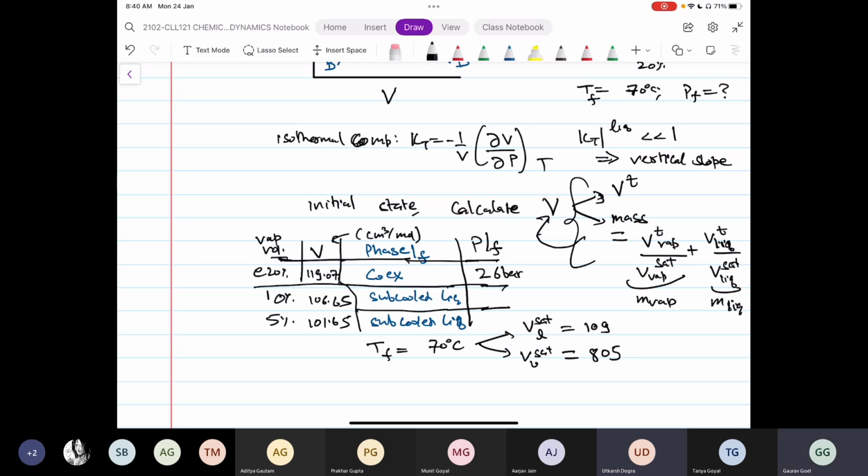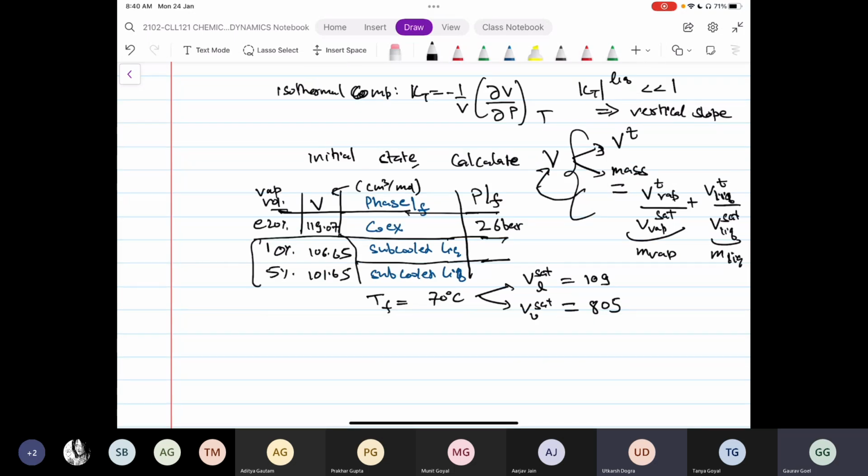For the other two cases, you will need to use the equation of state, subcooled liquid. So now for these two cases, I will need the subcooled liquid PVT data.